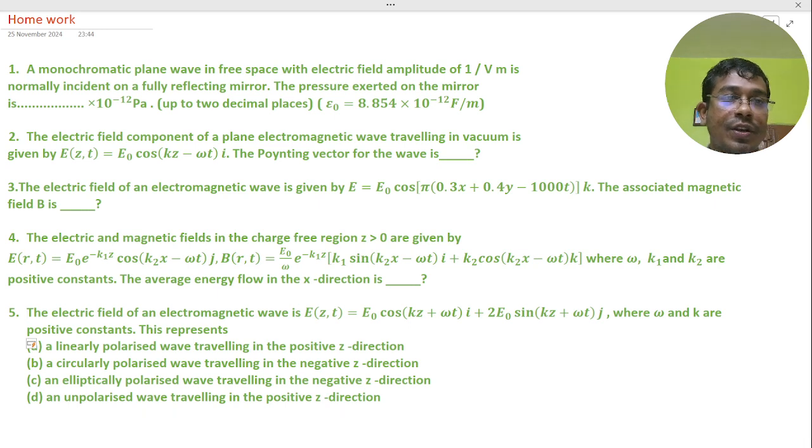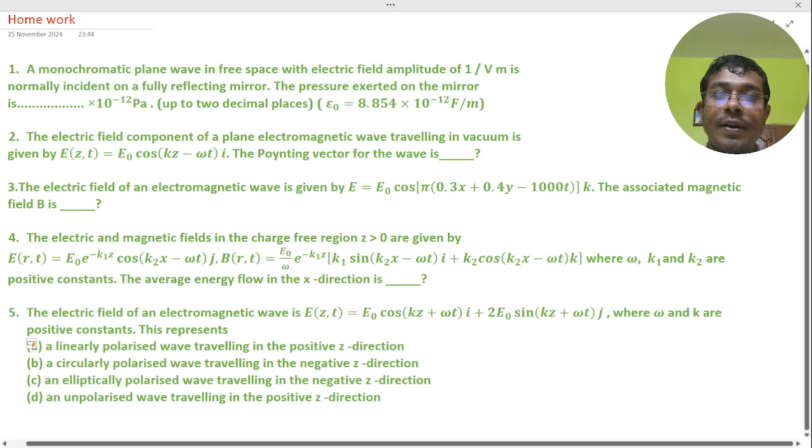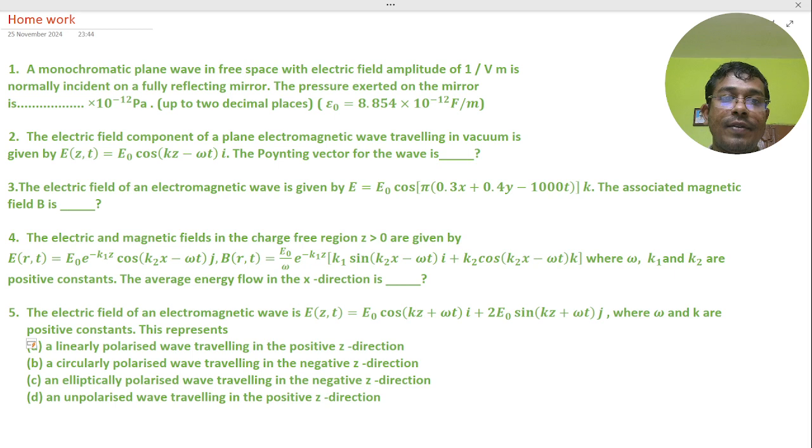The first one: a monochromatic plane wave in free space with electric field amplitude of 1 volt per meter is normally incident on a fully reflecting mirror, and find the pressure exerted on the mirror. We just solved this type of question.